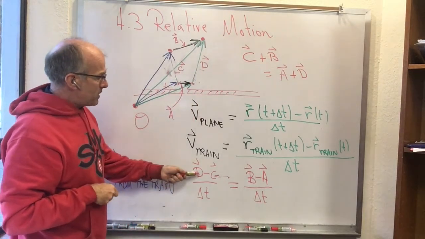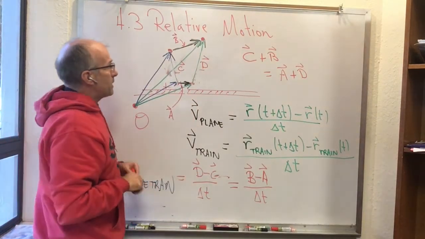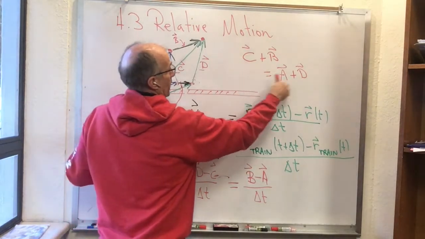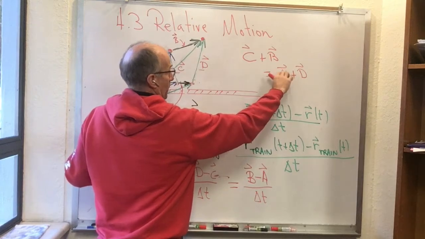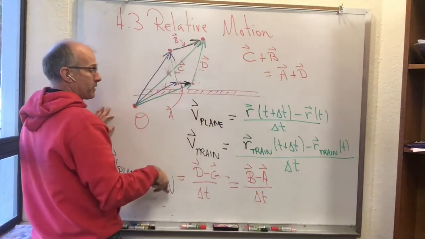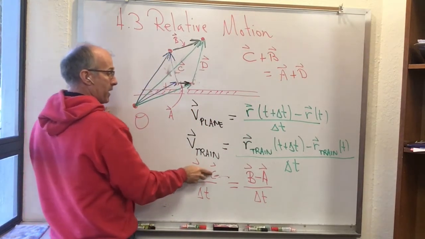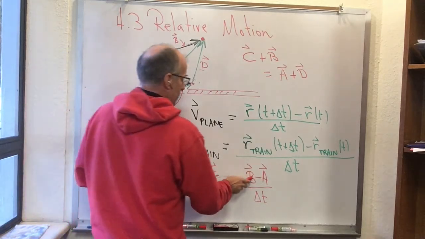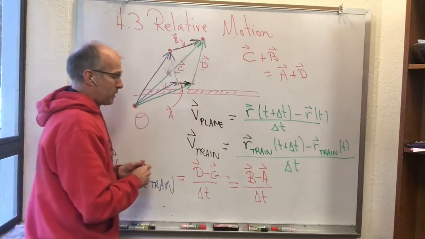So if I want d minus c over delta t, that's the same thing as just subtract c off of both sides of this equation and then subtract a off of both sides of the equation, and I get that d minus c is b minus a. So d minus c over delta t is b minus a over delta t.